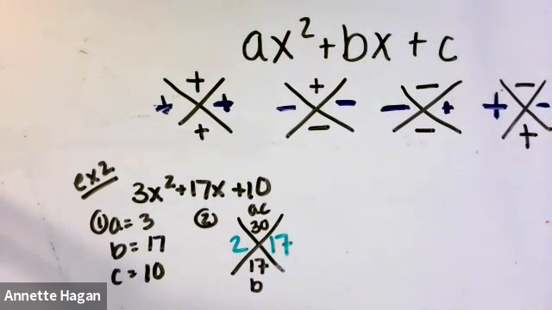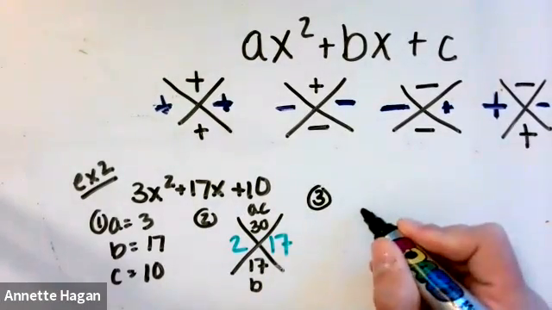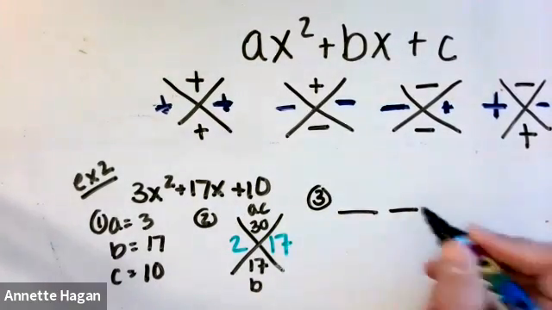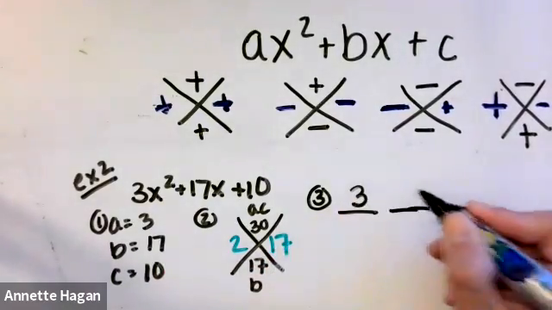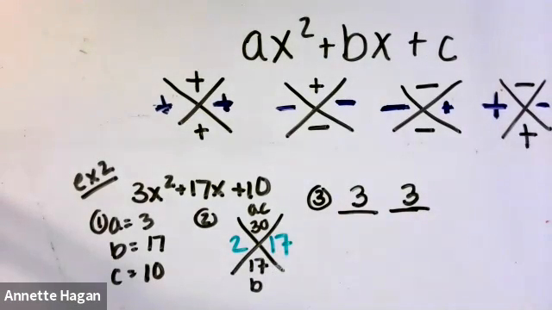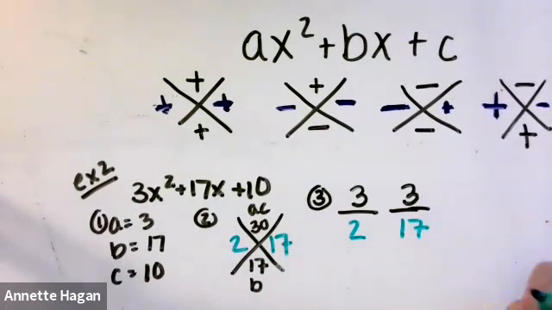All right, step 3 is we make these fractions. This is where those fractions are going to come in handy, okay? Because the numerator is always going to be A. So in this case, we've got 3 and 3, and our denominator is going to be our factors, 2 and 15.